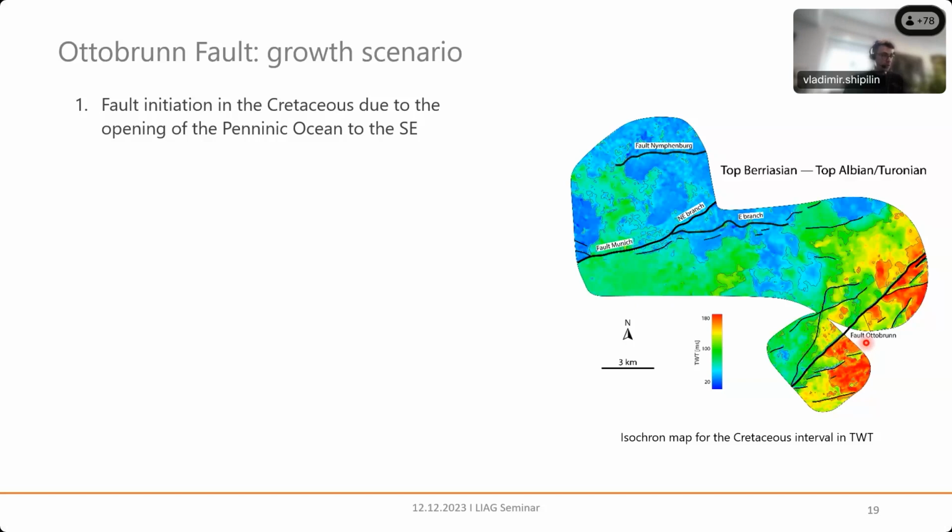And therefore, we can see this oblique orientation of the fault, which is quite untypical for the faults that we observe elsewhere in the Molasse Basin.